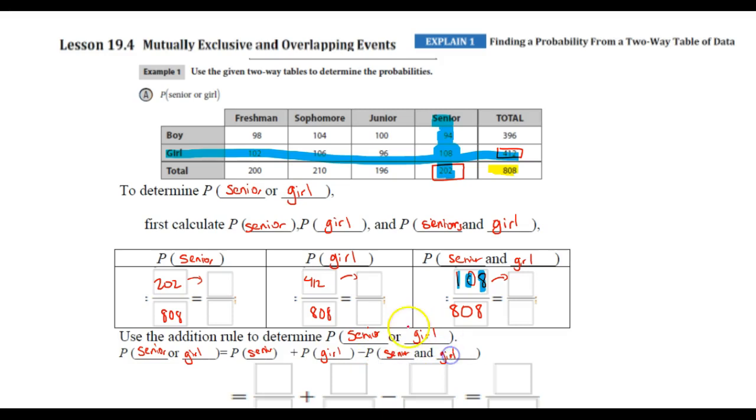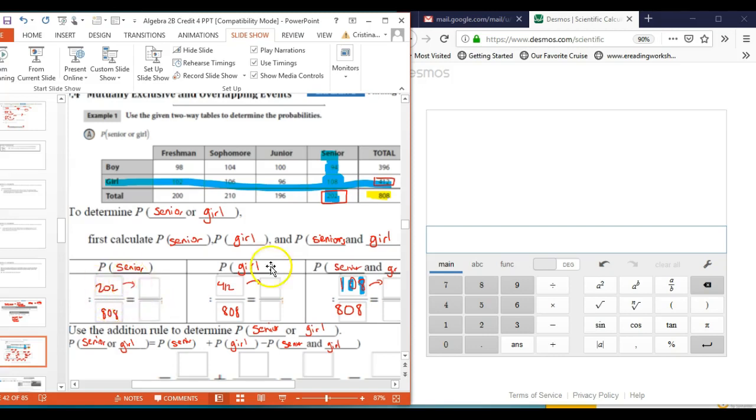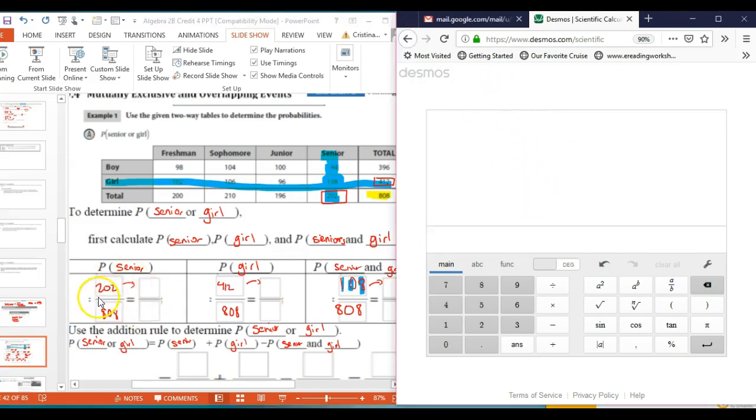Okay, but first we've got to reduce these fractions, so let's do that first. We'll reduce using our Desmos calculator the first fraction of 202 divided by 808, and that'd be about 1/4. We'll also do 412, which is our second fraction, divided by 808.